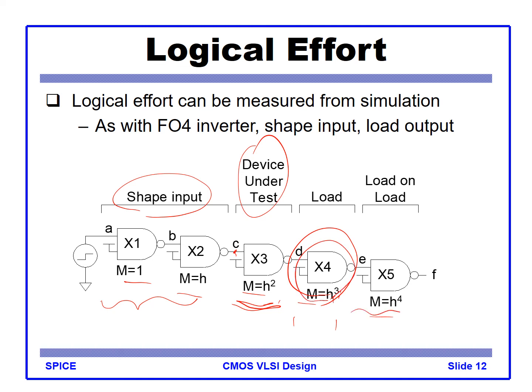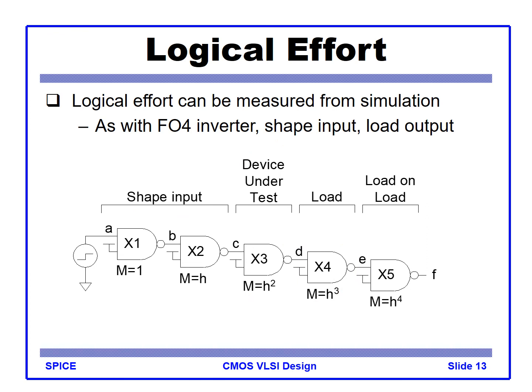We also put in an additional load, because if the load doesn't have its own output stage, then it will have a faster output edge that will affect the input edge, the input rise and fall time. The input edge will be affected by the output sharp edge because there is always parasitic capacitance there.